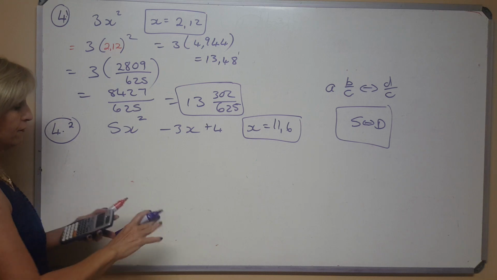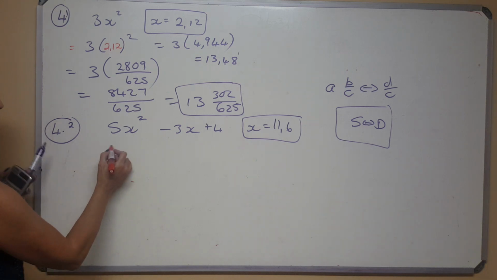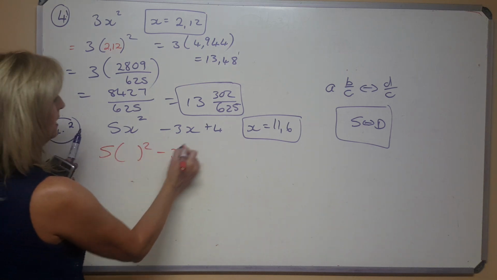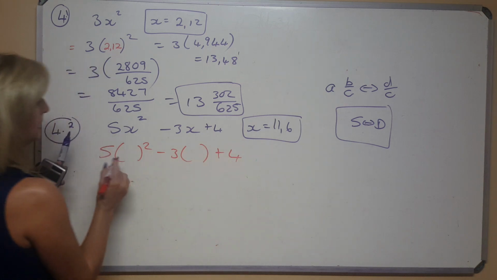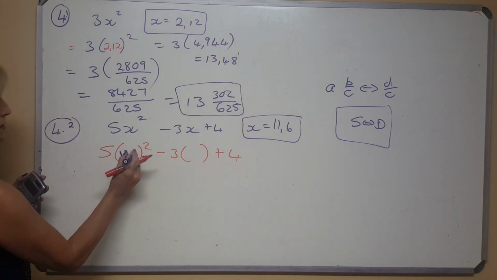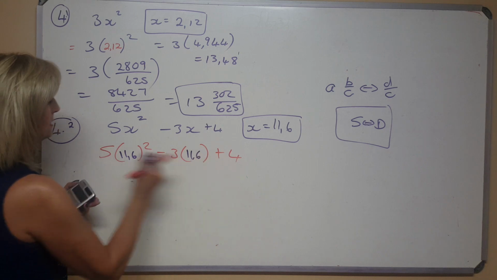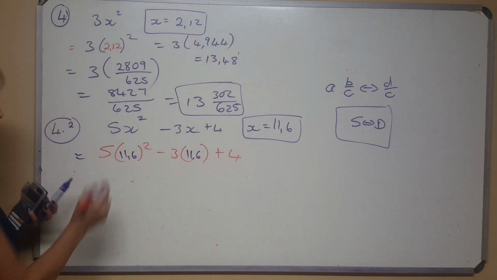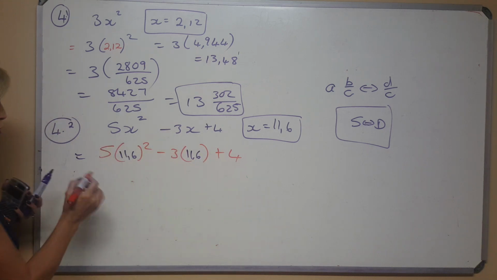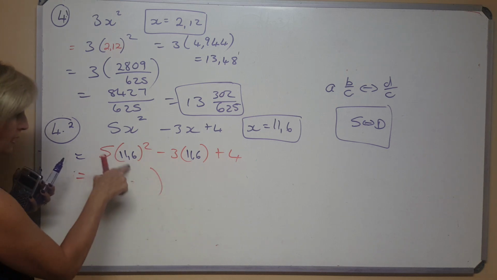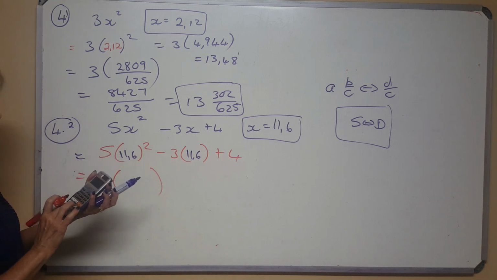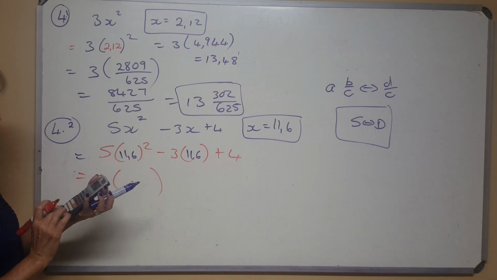Goed, so dan die laaste vraagie gaan wees as ek sê 5 hakie kwadraat min 3 hakie plus 4, en hierdie keer is dit 11,6, 11,6 that I've got to place in the place of x. Maak seker is op die regte plek. Dan moet ek nou met hierdie ding gaan kwadreer, so dis 11,6. I want to see all the steps, very important.